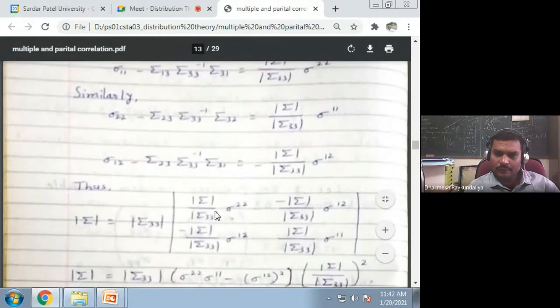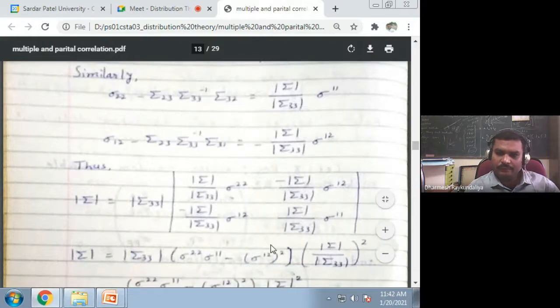So I will substitute all these quantities as per this, and then I simply find the determinant. The determinant of sigma 3 3 as it is, this is nothing but sigma 2 2 sigma 1 1, and this is a square, this is minus minus plus, so that is also a square of the determinant of sigma upon the determinant of sigma 3 3, and this minus this.